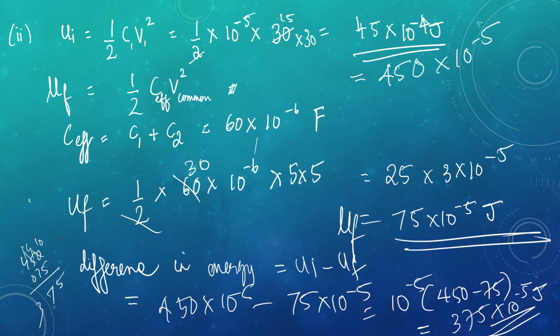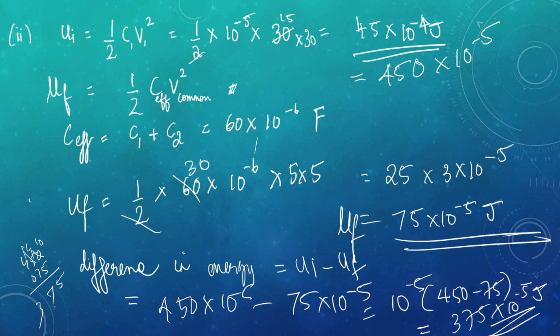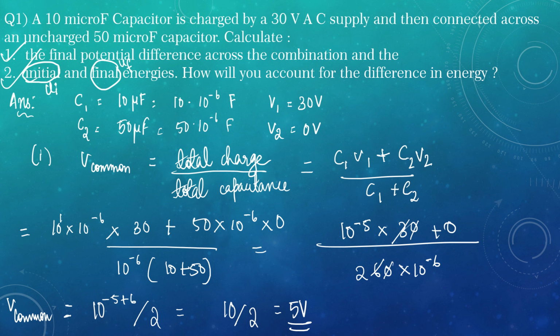So this is the difference in energy. Okay, so that is all, right? The question is, how will you account for the difference in energy? So yeah, this is the difference in energy. You can take it as the third part of the question. So this is how it is done.